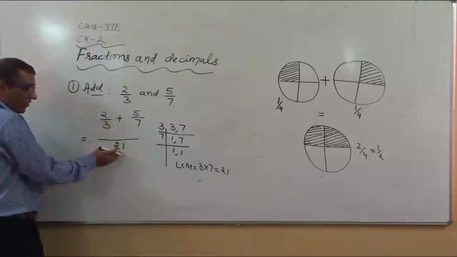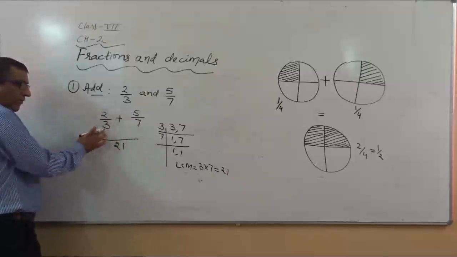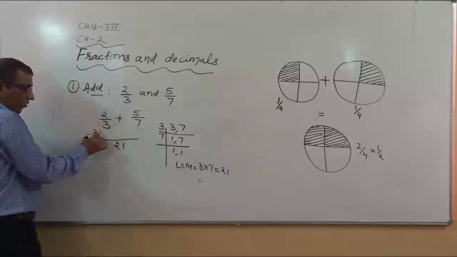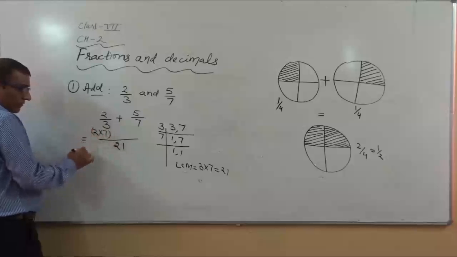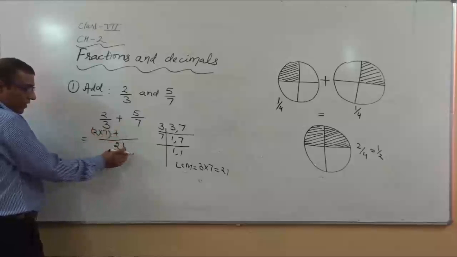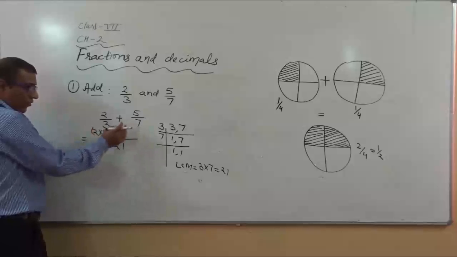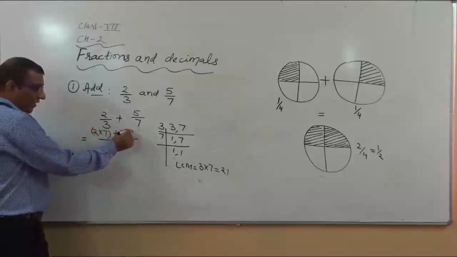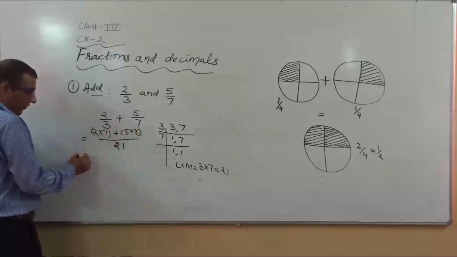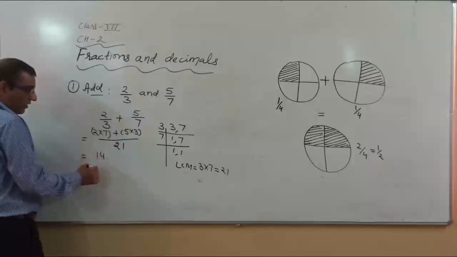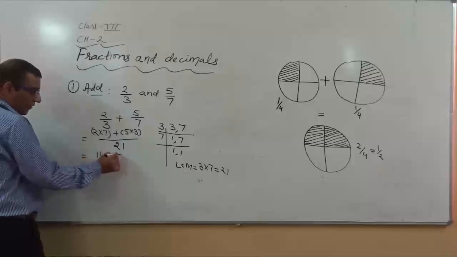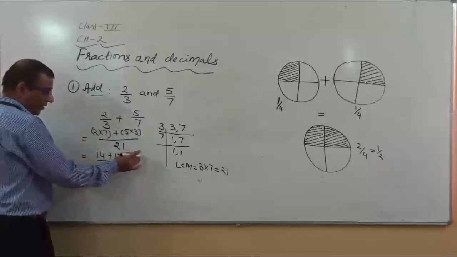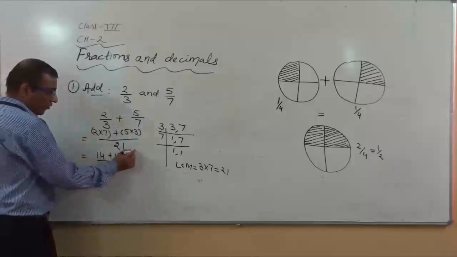Now you divide this LCM by 3, you will get 7. You multiply 7 with 2, so 2 into 7. Then a plus sign, again you divide this LCM by 7, you will get 3. Multiply 5 by 3. So we will get 14 plus 15 upon 21, and this is 29 upon 21.